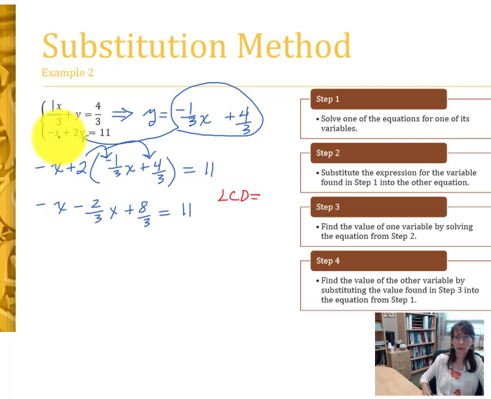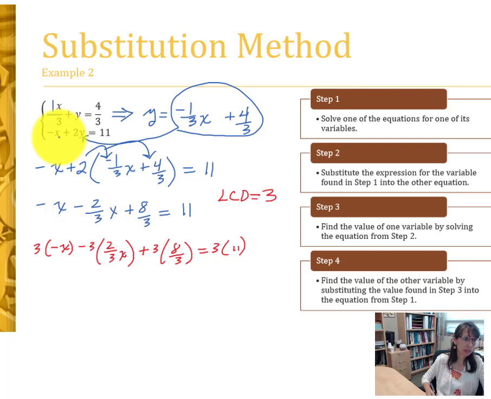Since both of these denominators are 3, 3 must be the lowest common denominator. So we're going to multiply every term in our equation by 3. 3 times the negative x minus 3 times 2/3 x plus 3 times 8/3 equals 3 times 11. This is the multiplication property of equality.